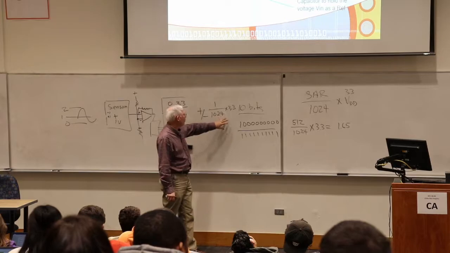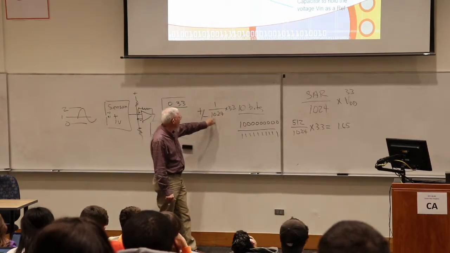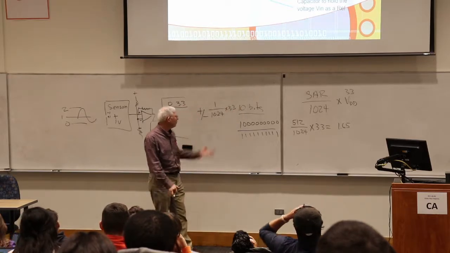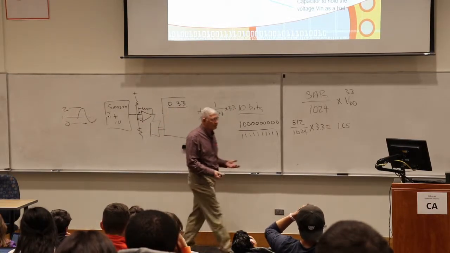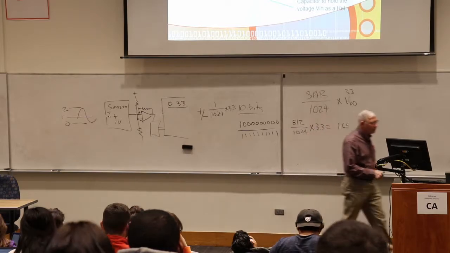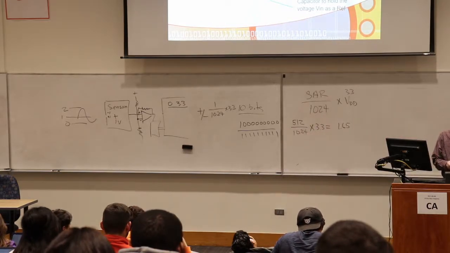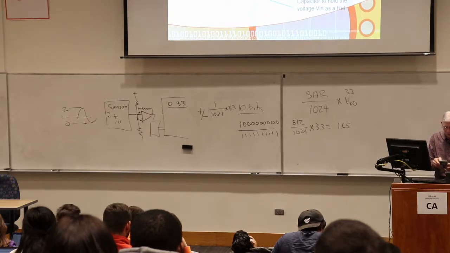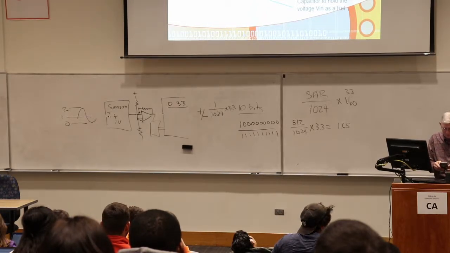And so I'm going to be plus or minus about 1/1024 of 3.3 volts if I'm running at 3.3 volts. Whatever that is, it's not much. It's definitely down a few microvolts. I don't know, somebody can pop up their calculator and do that.